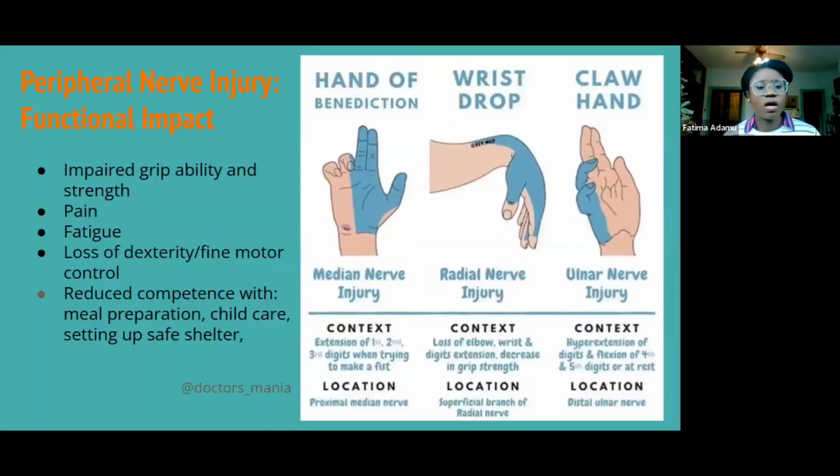And as I mentioned, reduced competence with ADLs and IADLs, and that also impacts the patient's psyche because they're not able to do what they need to do.